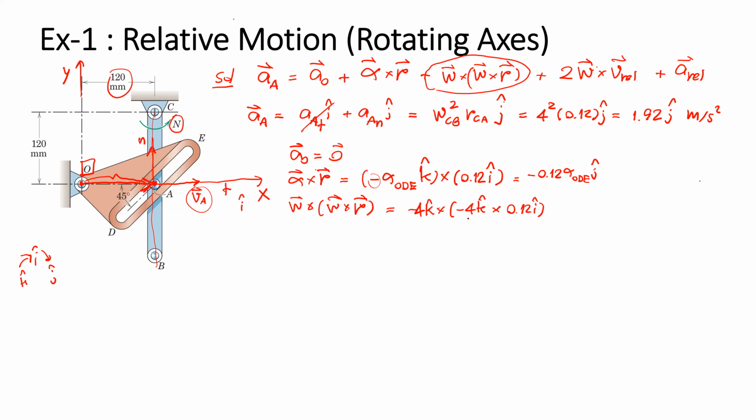Okay, the first group here, k cross i will be j. So we have minus 0.48 j.